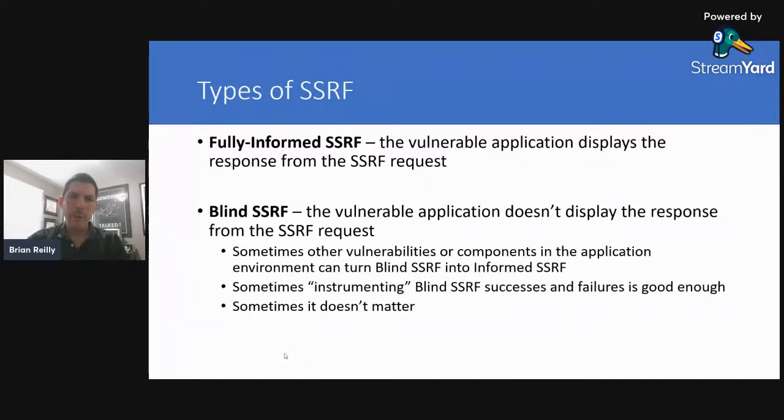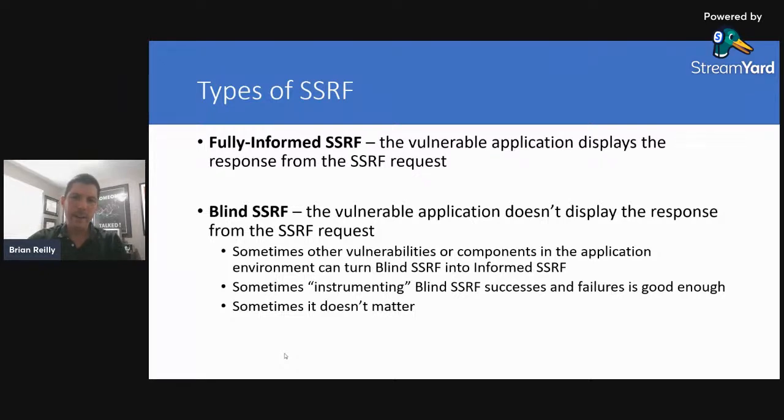But when we look at the types, there can be fully informed server-side request forgery. And this is when the application is going to display the response from the server-side request forgery attack or request. And then the flip side of that is that blind server-side request forgery is when the application isn't going to display that information back.